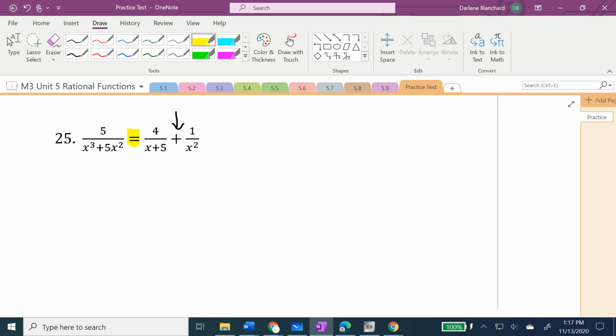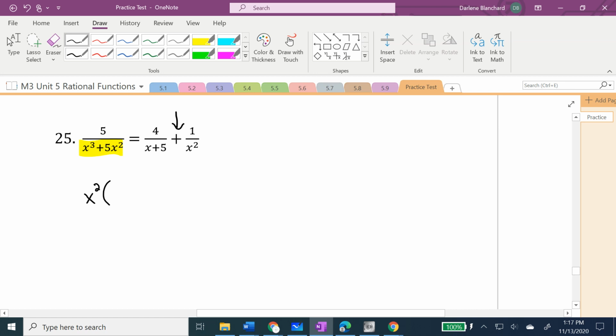Now, you want to see if there are common factors. So anything that is higher than degree 1, check to see if you can factor it. So let me do this denominator. Can you see that x squared will divide both terms?